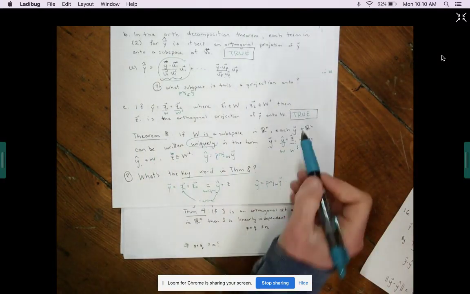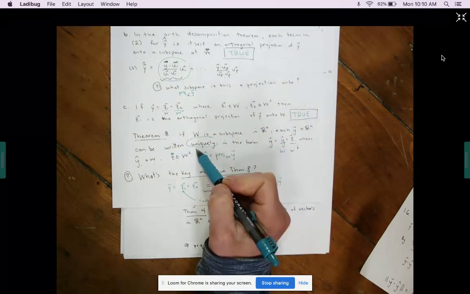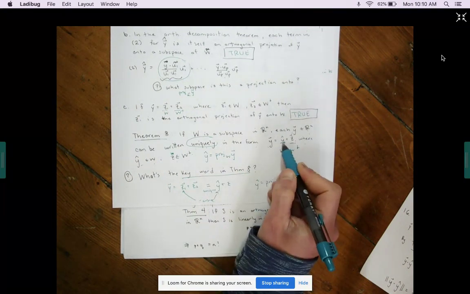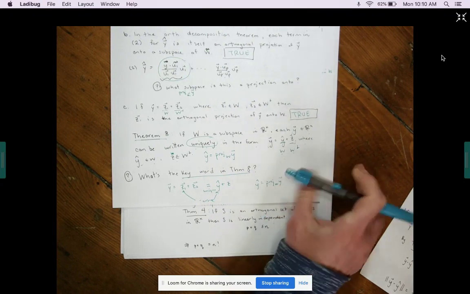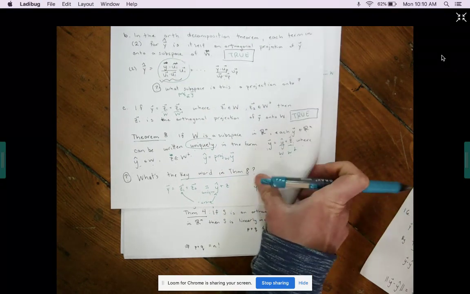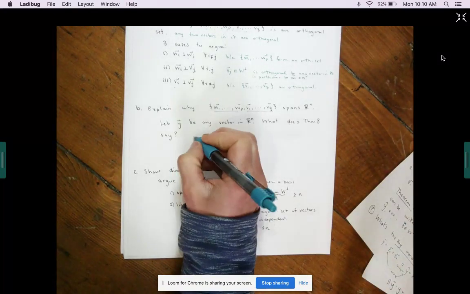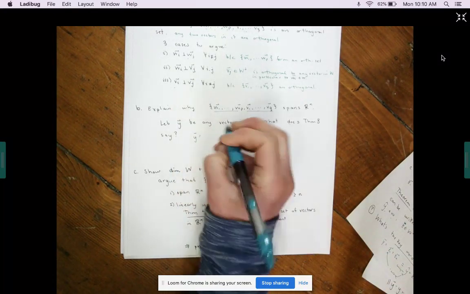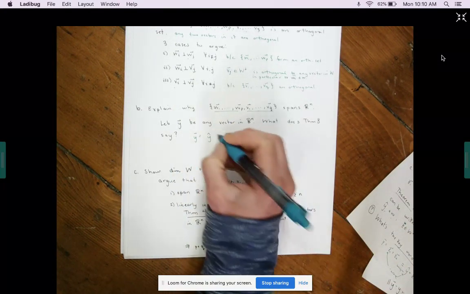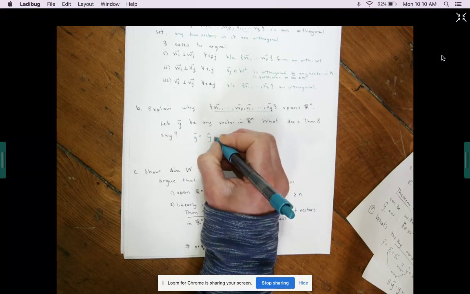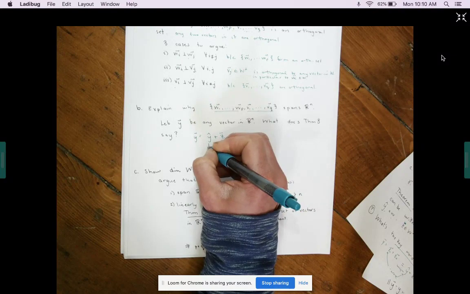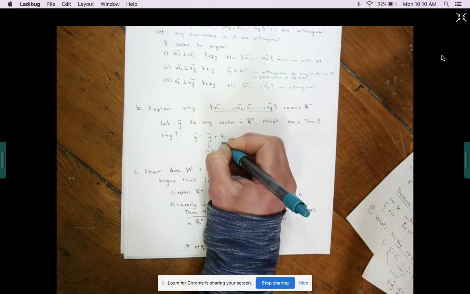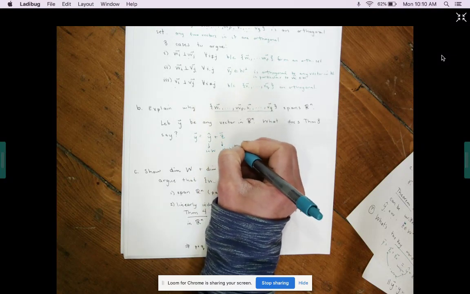Theorem 8 says that any y in R^n can be written uniquely as y hat plus z, where y hat is in W and z is in W perp. So if I take any vector in R^n, then I can write it as the orthogonal projection onto W and some vector z, where this one is in W and this one's in W perp.